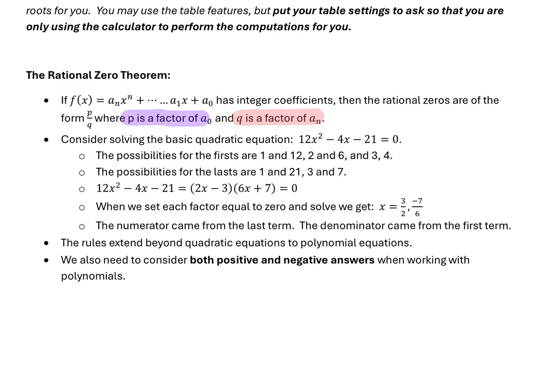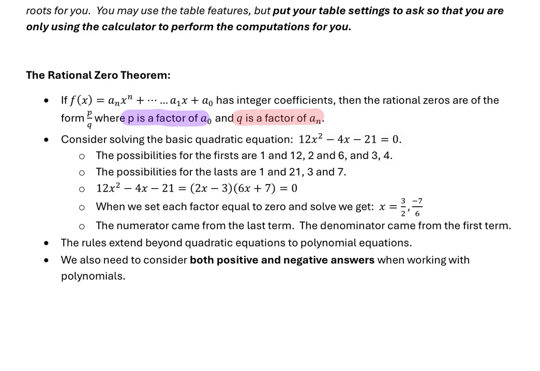Let's just look at a basic one. Quadratic equations are polynomial equations. When we look at an equation like 12x squared minus 4x minus 21, when we learned how to factor this, we had to think, what multiplies to 12? We have 1 and 12, 2 and 6, and 3 and 4.